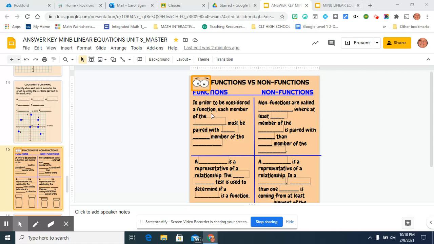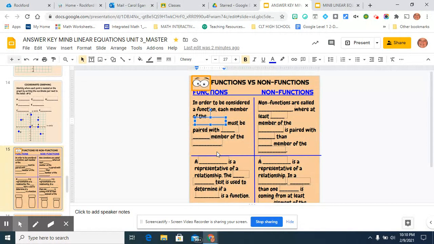In order to be considered a function, each member of the domain, and remember, the domain is about the coordinate value x, must be paired with only one member of the range.